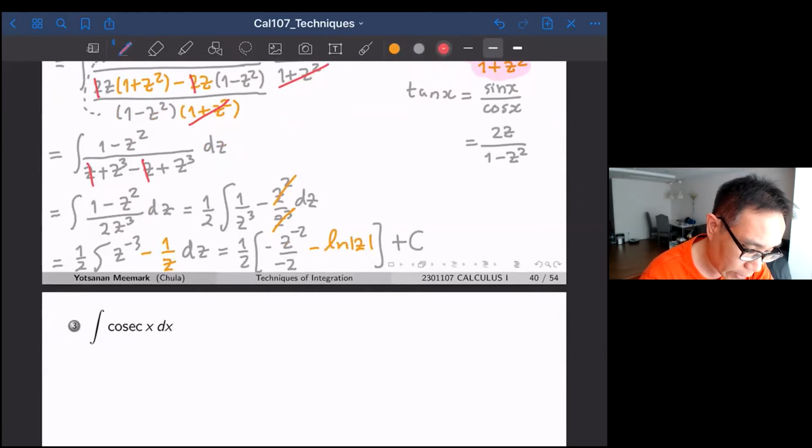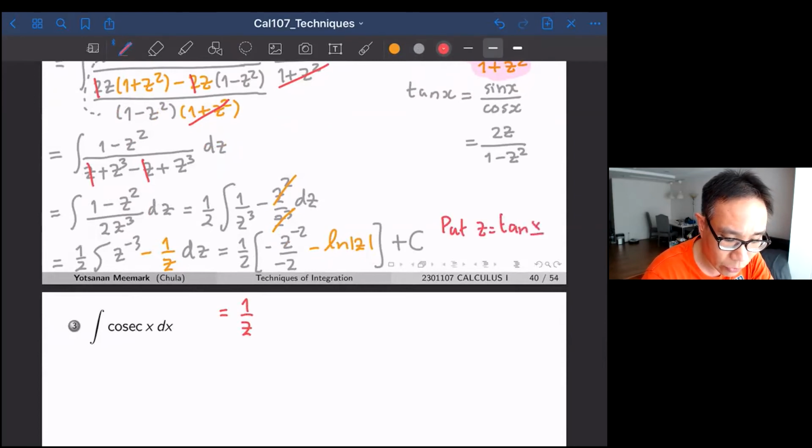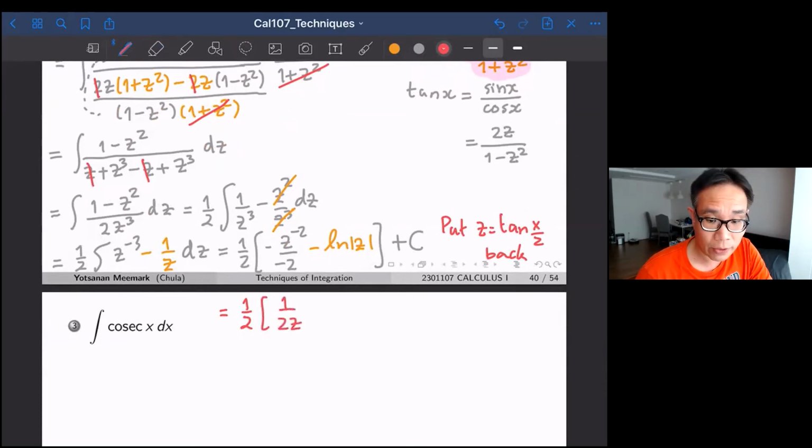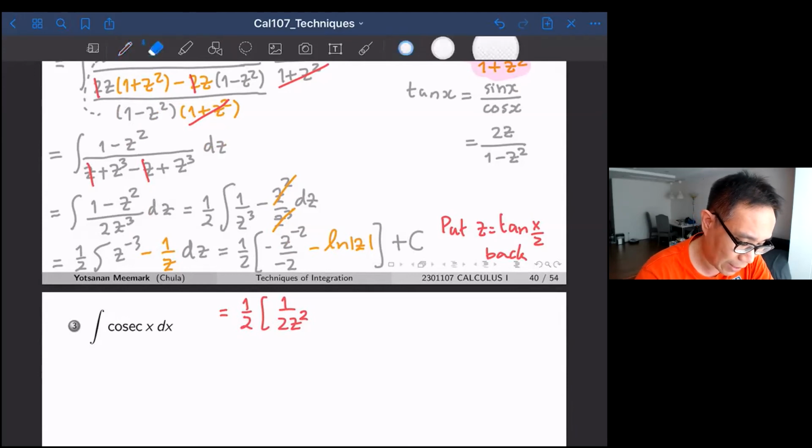So let me write the final answer down. You're going to put z equal to tan x over 2 back into the final answer. So it turns out to be 1/2, and you get 1 over 2z square.